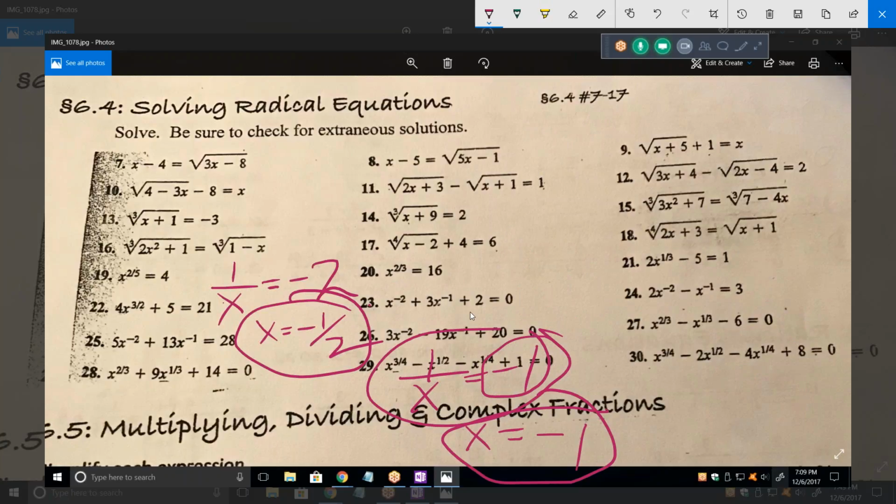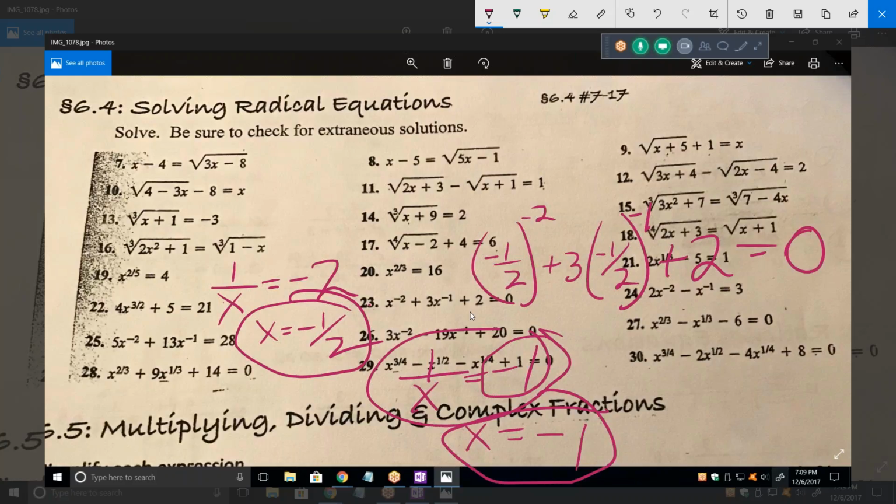So let's see. If x equals minus 1/2, let's just do it this way. In other words, substitute first and see if that's a proper equation. What's minus 1/2 to the minus 2 power?